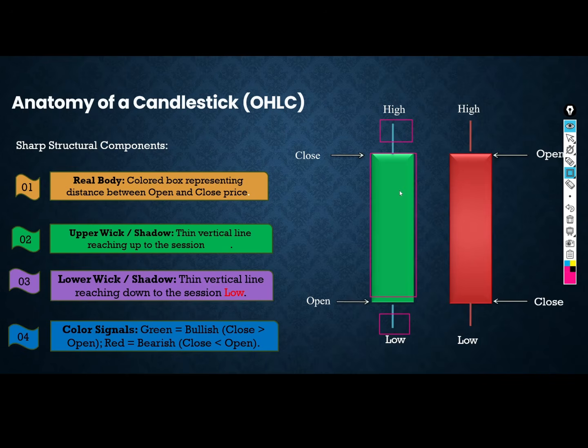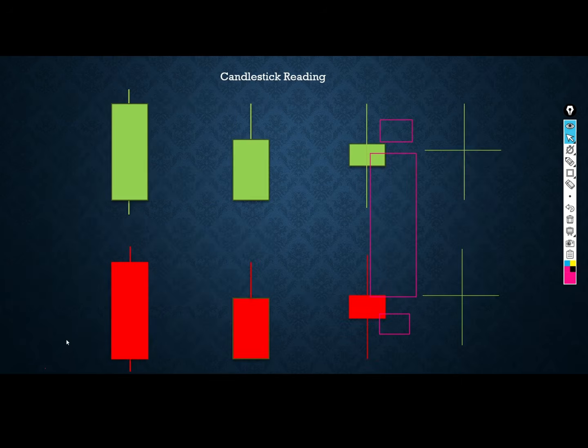Sometimes we call them shadows. The upper wick shows the highest price reached. The lower wick shows the lowest price reached during the time period. These wicks tell us where buyers and sellers were rejected.